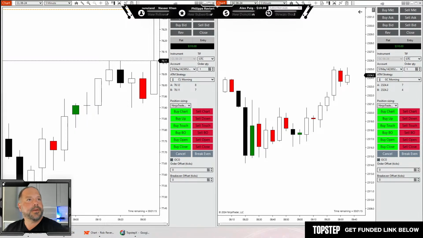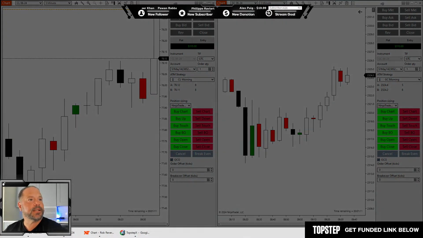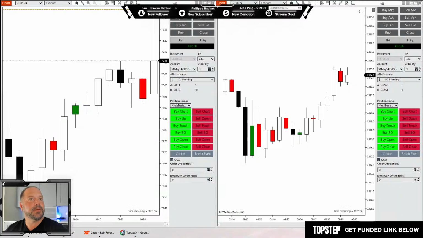So we're up $310 on the eval. Not up anything on my cash account because I wasn't able to trade any of these trades today. But that's the way things happen.